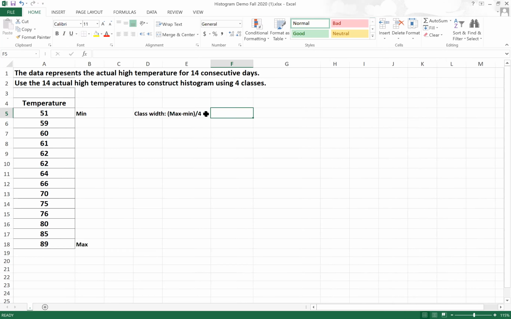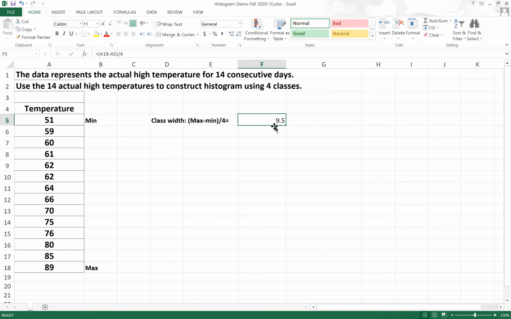Using the maximum value, which is 89, minus the minimum value, 51, and dividing by 4, we get 9.5. Since it's 9.5, we're going to round up, so the actual class width should be approximately 10.